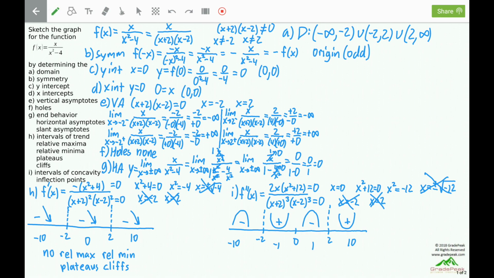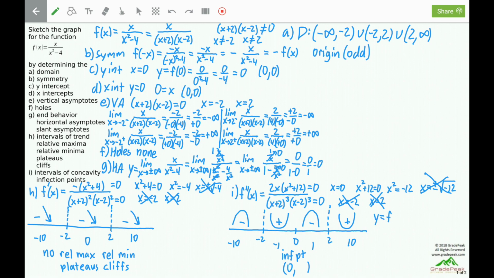We have only one candidate number here. Right at the candidate number of x equals 0, we do have the concavity changing from concave up to concave down. So x equals 0 will be an inflection point. It has an x-coordinate of 0, and it has a corresponding y-coordinate that can be found by plugging the x-coordinate back into the original function.